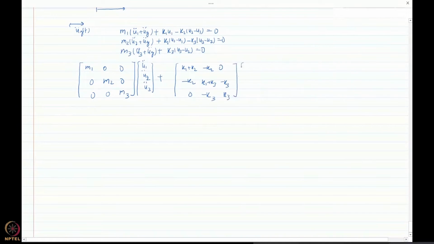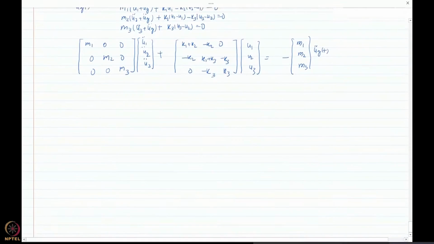Okay. So this is my stiffness matrix times u1, u2, u3, and if I bring all these terms, m1 u_g, m2 u_g, to the right hand side, what do I get? Basically m1, m2, m3 times u_g(t). Now I would like you to recall from the last class the things that we did.